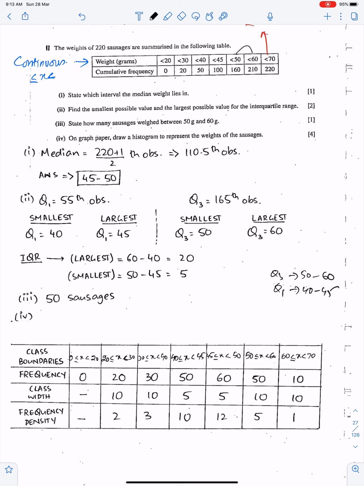Now they are saying find the smallest possible difference. Let me write this in this way.